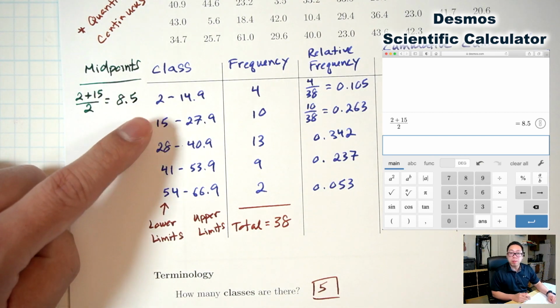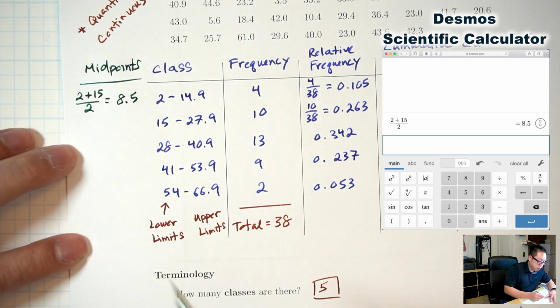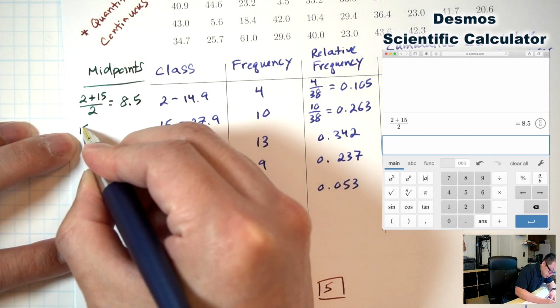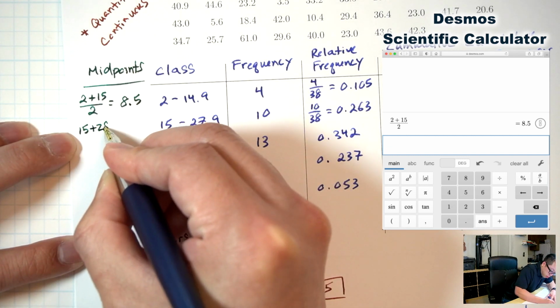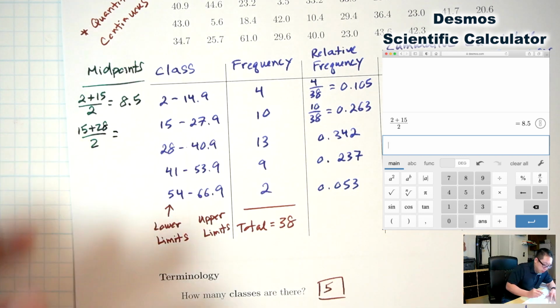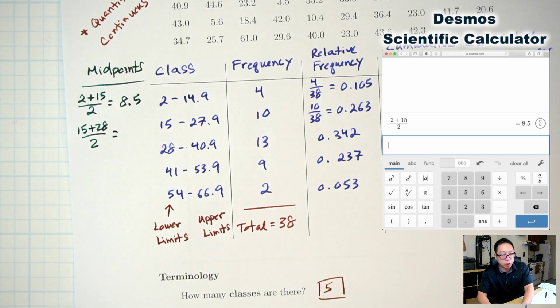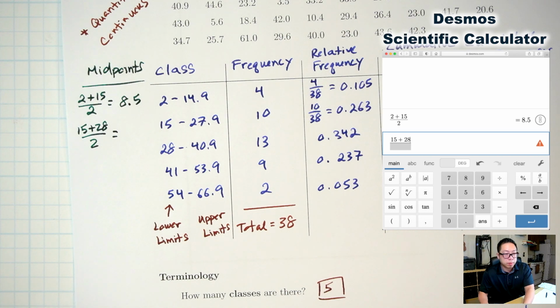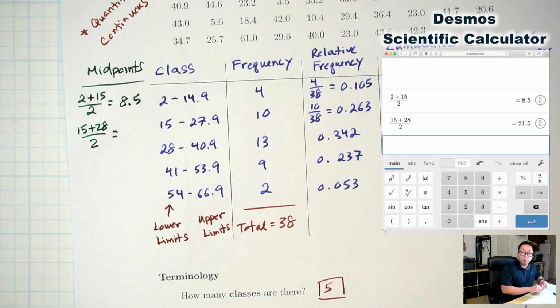The next one's going to be 15 plus 28 divided by 2, which is 21.5.